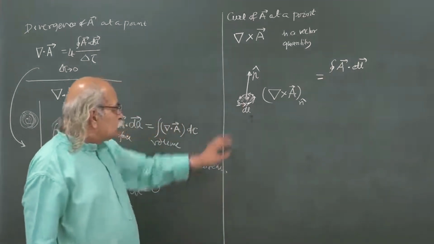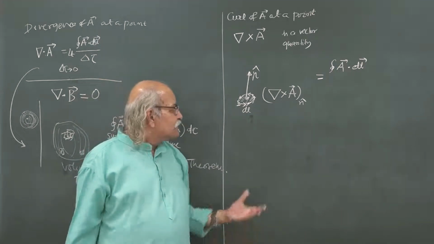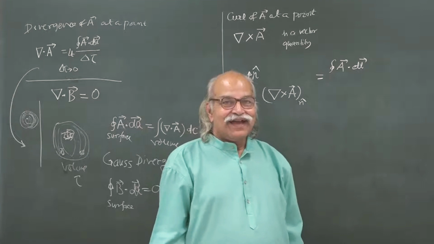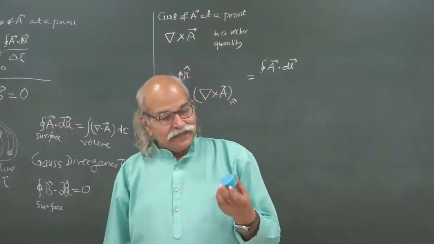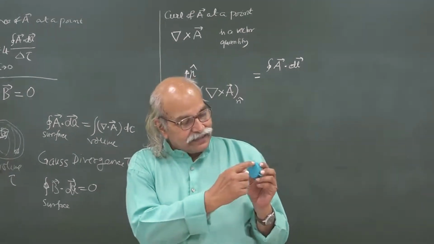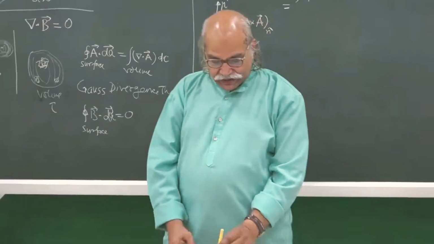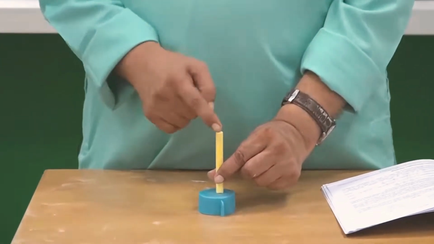So, let me show you in a more explicit way, with a three-dimensional picture. Here I have a bottle cap in fact, and this is a circle, here is an area. A direction is given, here is a point, and this is my n cap direction.